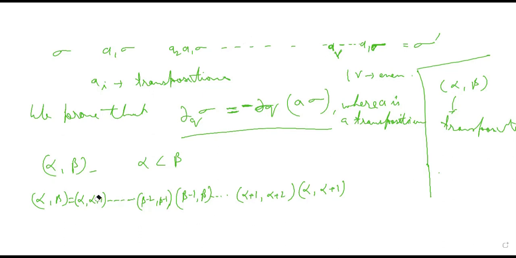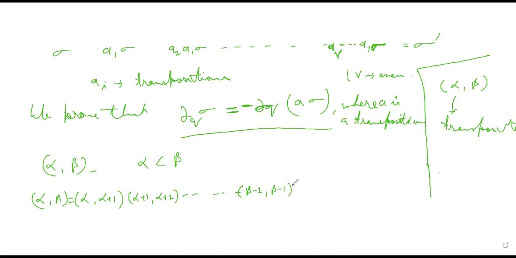But if I write it more explicitly: alpha plus 1, alpha plus 2, then beta minus 2, beta minus 1, then beta minus 1, beta minus 2, beta minus 1, then you have alpha plus 1, alpha plus 2, then alpha plus 1, like this.